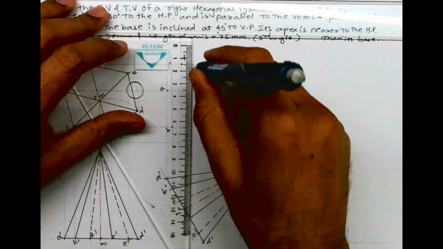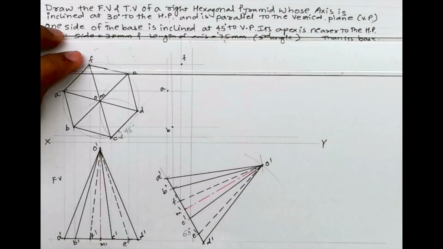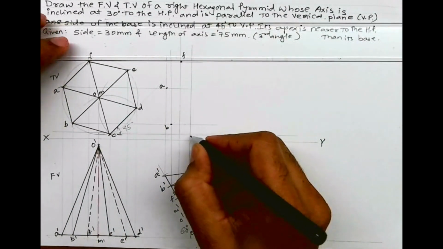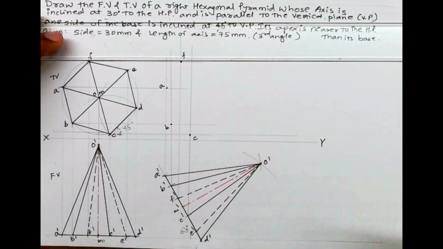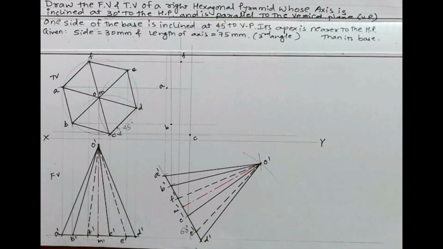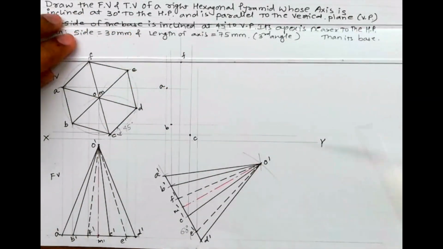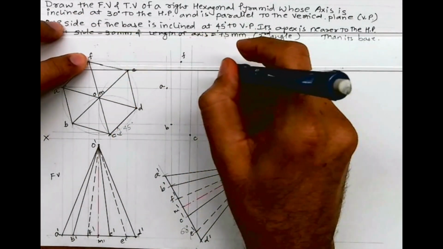Same way you project from C dash, and from here you project from C. So you get C. Then E dash and E from here.